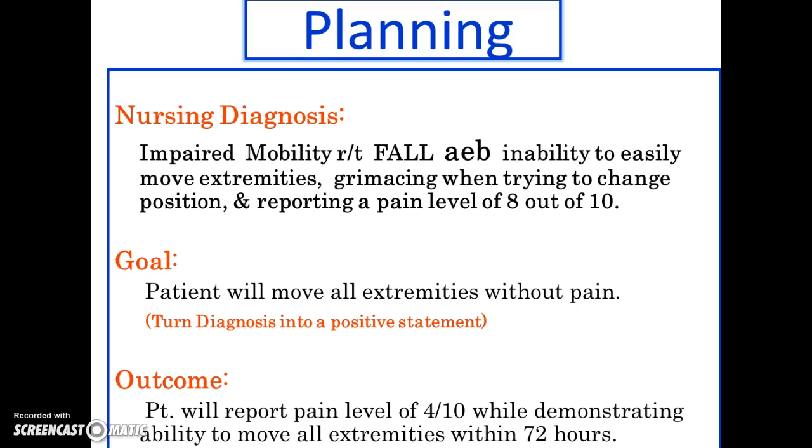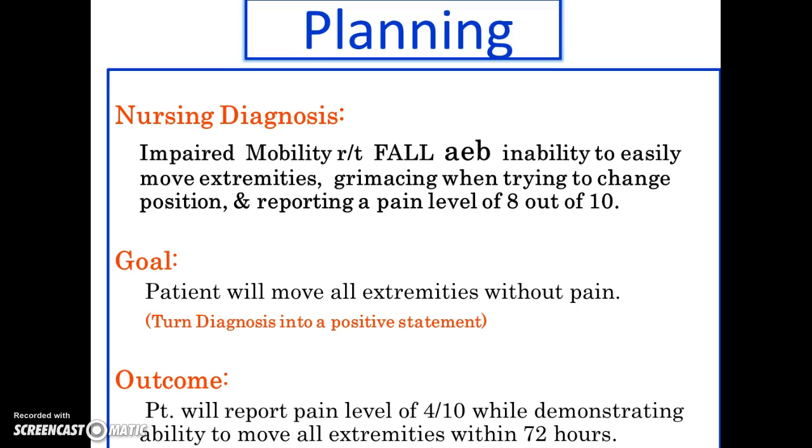We have within 72 hours and we have a pain level. It's measurable. Again, we have a pain level and the time. It's definitely time focused. So this would be a SMART outcome. Specific, measurable. Includes an assessment, and then it is very time focused.